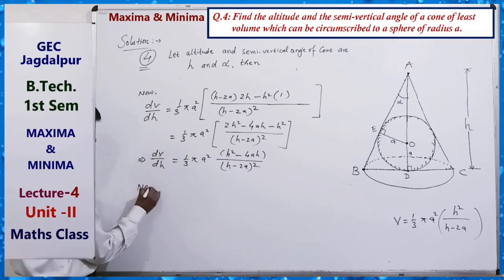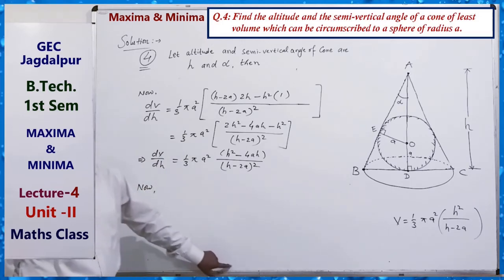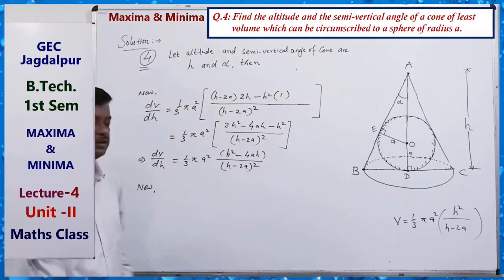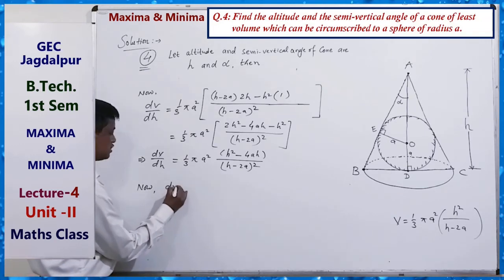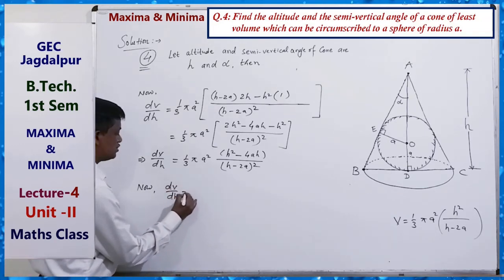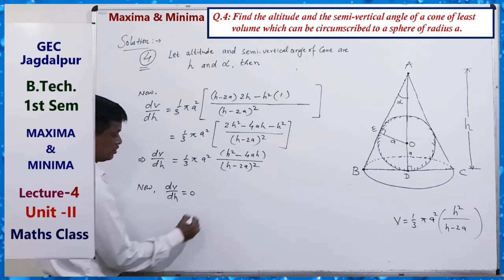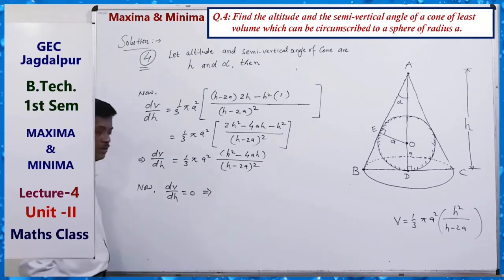Now for the extreme value, dV by dh equals 0, and we have to find the value of h.